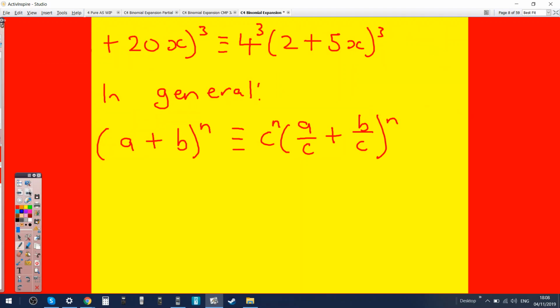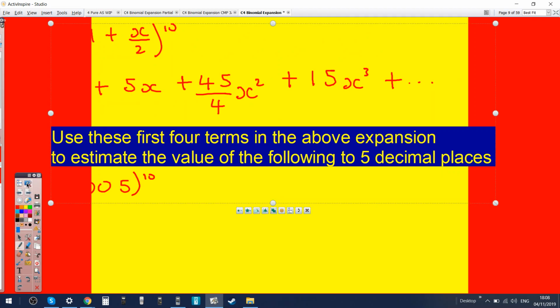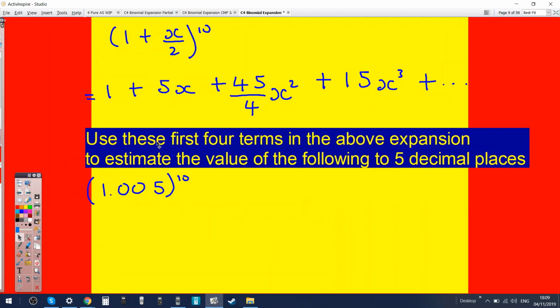And that's the case in general. So then, this one. Let's make that blue. How would you do this? Do you know?